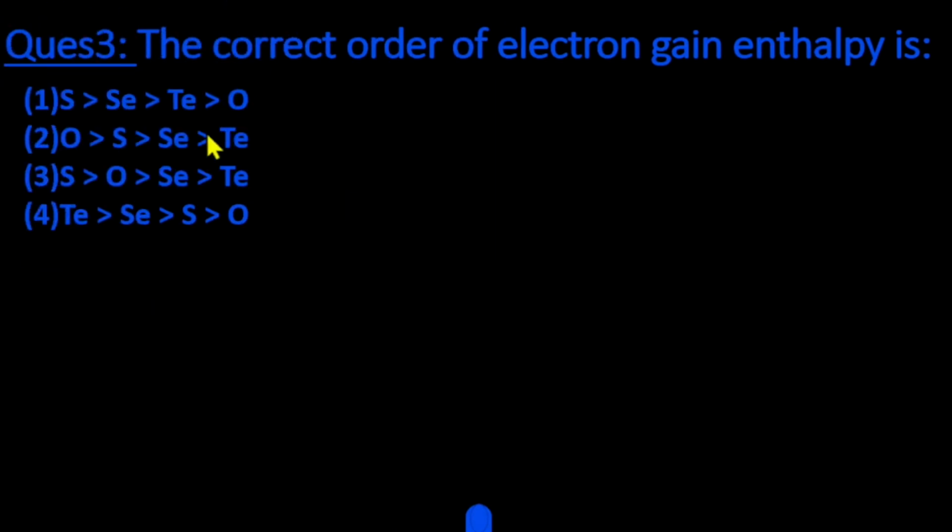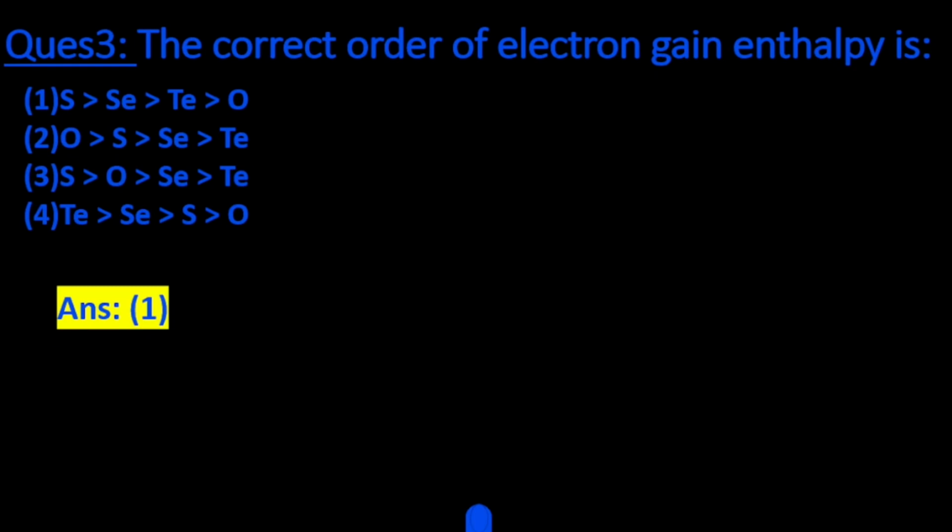The correct order of electron gain enthalpy is again from the same part. Answer it, pause the video. Now I will tell the answer. Answer is first. So for electron gain enthalpy along the group, I told you that you have to take some care.